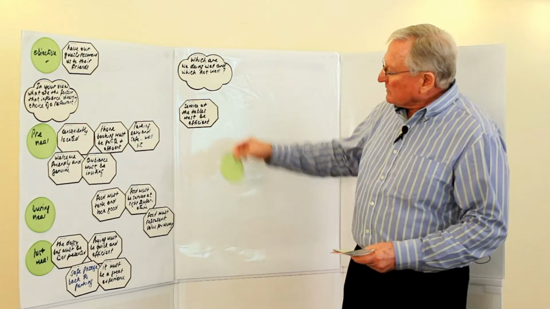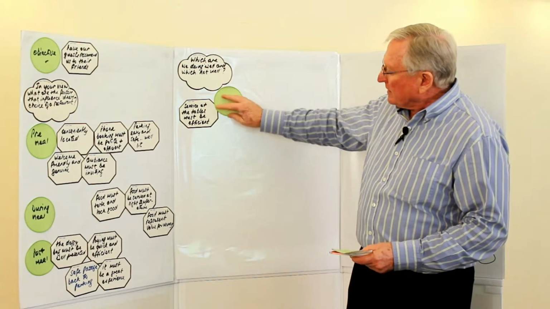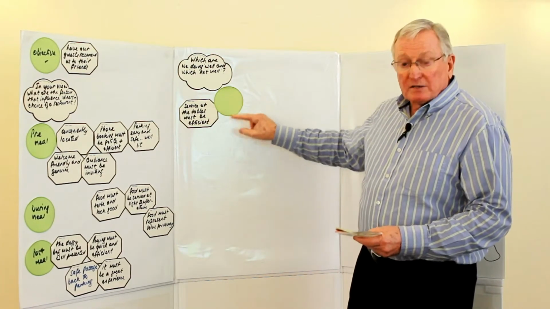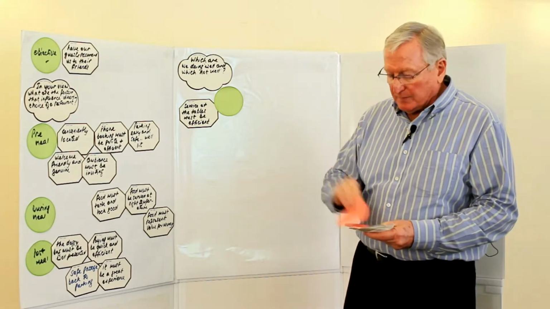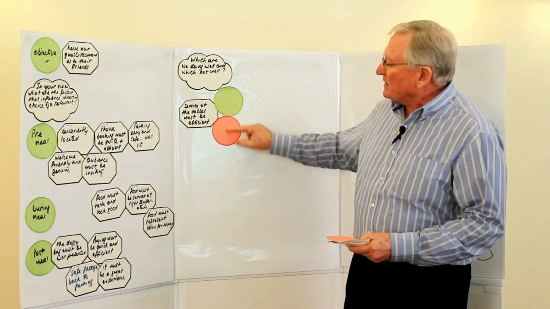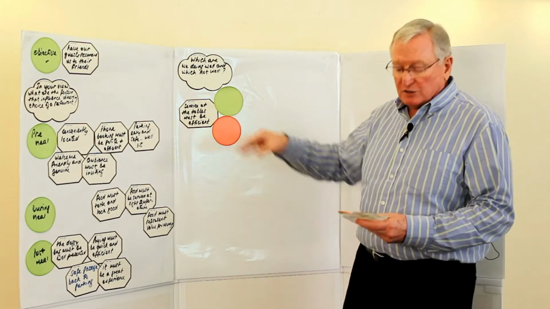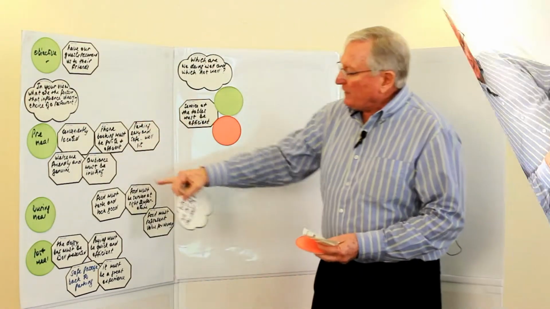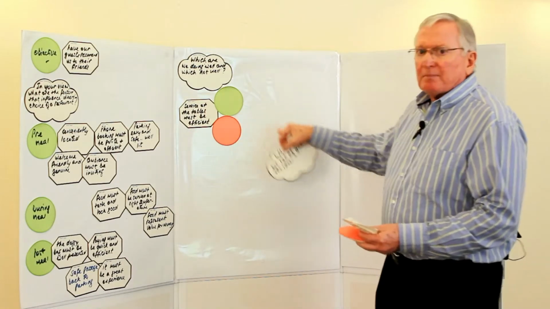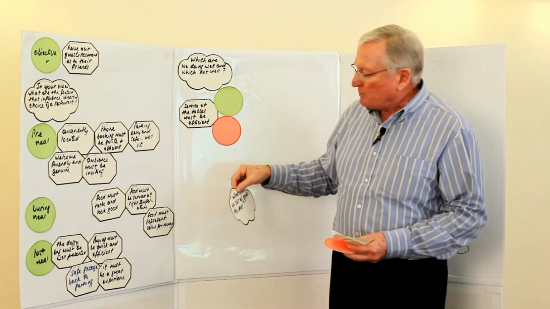And we might ask ourselves the question using a green indicator, why is it considered good? Or if we think that there are weaknesses in what we're doing, we would use a red one and say this is what we're not doing well. So we would now start to expand on those. So we would do that for each of these and slowly just unpack them and build them onto extra boards.